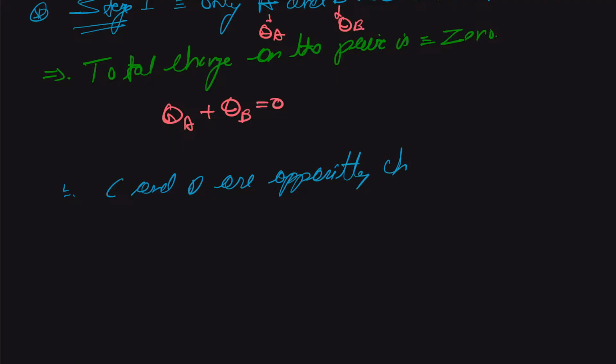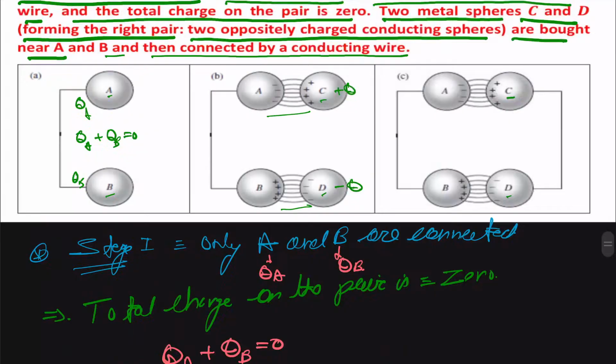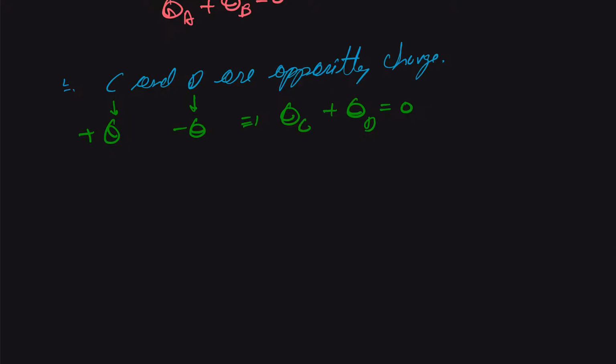Let us assume from the figure that C is plus Q and D is minus Q. For the sake of convenience, let us write this as QC plus QD, and obviously this summation will be equal to 0. Now we come to stage 2. In stage 2, we bring C and D close to A and B.